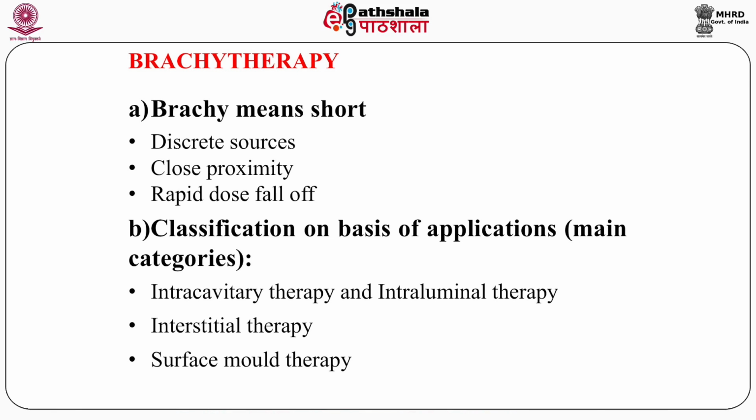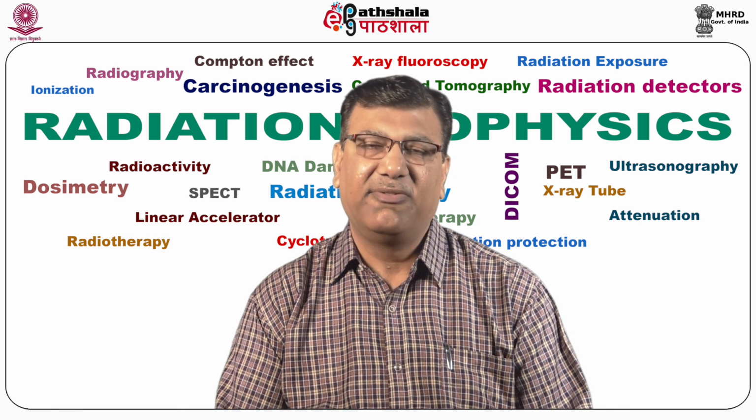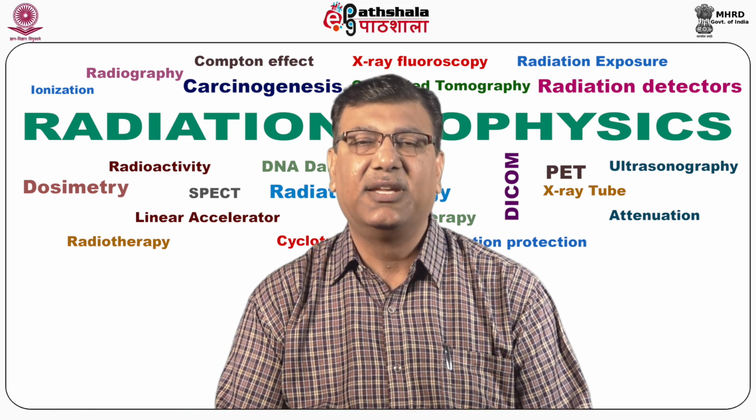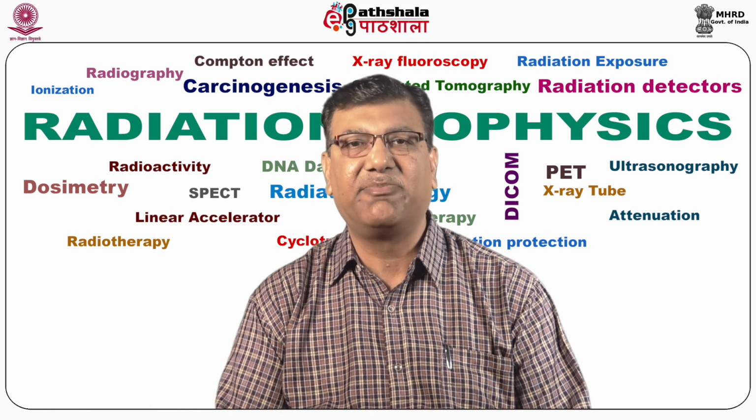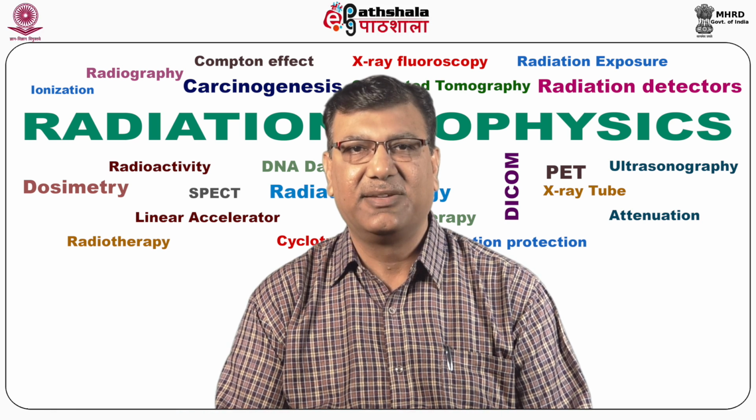The second classification is on the basis of application, where in some cases intracavitary therapy and intraluminal therapy are used, interstitial therapy is used, and surface mold therapy is also very useful. In intracavitary therapy, the source is placed inside the body; intraluminal is like in the esophagus. An intracavitary example is carcinoma cervix.